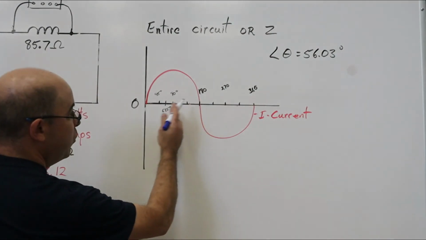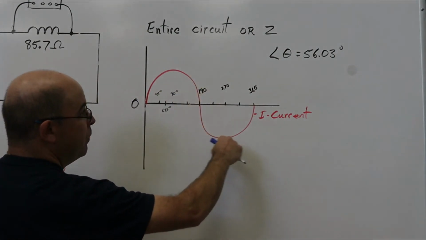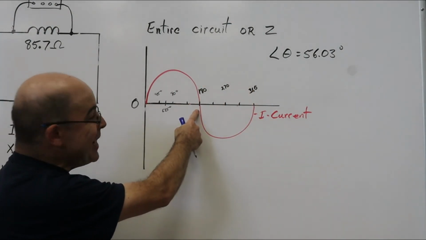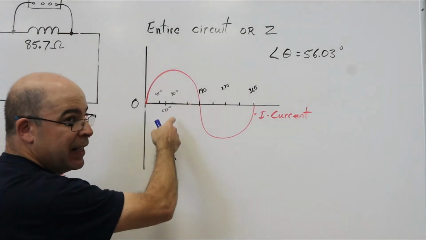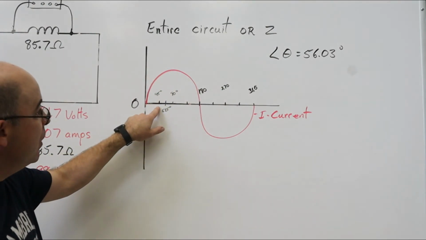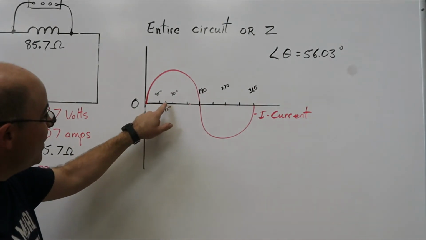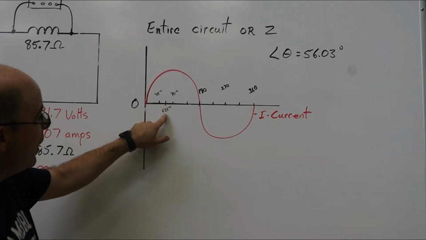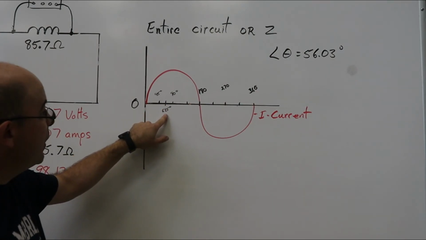Well, if I break this down, a full sine wave is 360 degrees, half of it is 180, a quarter is 90 degrees. I break that in half again, I get 45. Well, I know that I'm somewhere in between the 45 and 90. The midway point is 67.5 degrees.